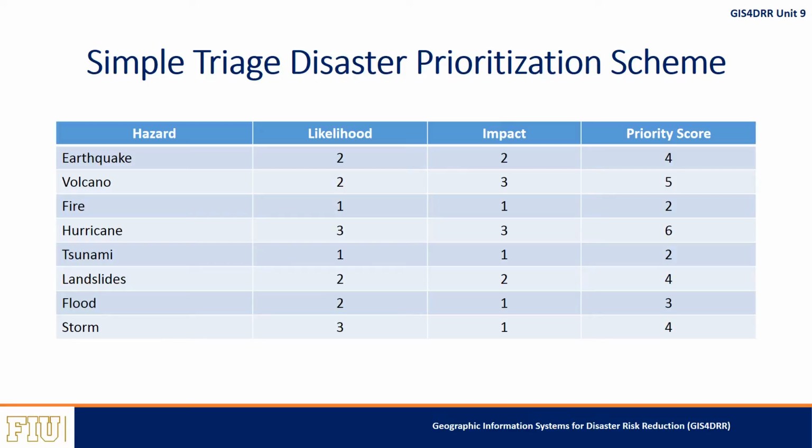So we have earthquakes with a likelihood of 2 and an impact of 2. They're not expecting catastrophic earthquakes, so they sort of hit the middle of the road with a priority score of 4. And you can look down the list and see, with the highest being hurricane, volcano is pretty high based on its impact level, and so on.